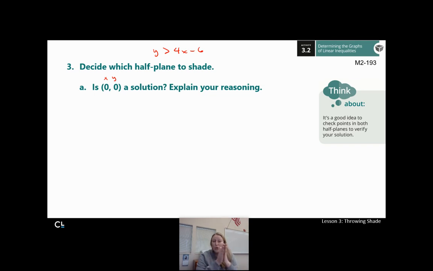Once you've decided whether or not it's a solution, that's going to tell you which side of your graph to shade. So go back to the graph on the previous page and shade in the half that's supposed to be shaded. Go ahead and hit pause to work this out for A and B, and then hit play when you're ready to check your work.